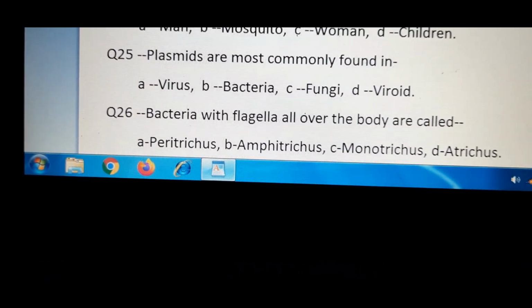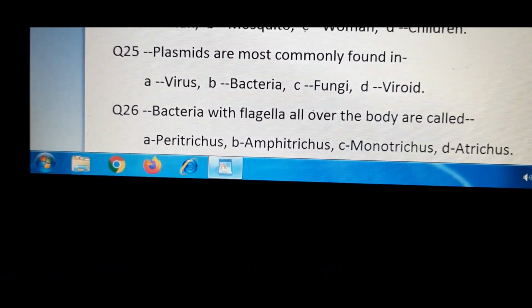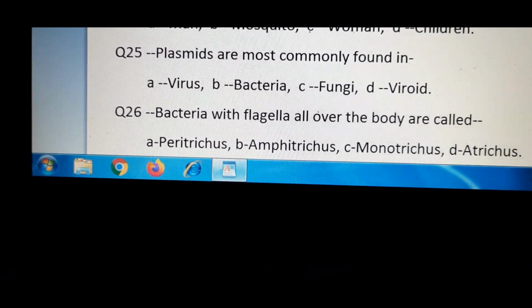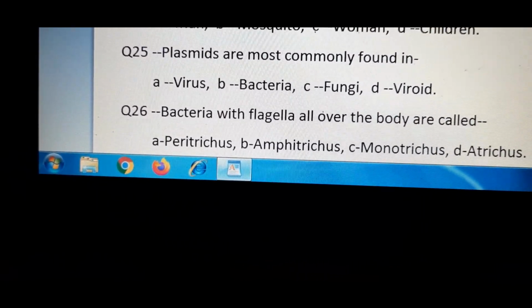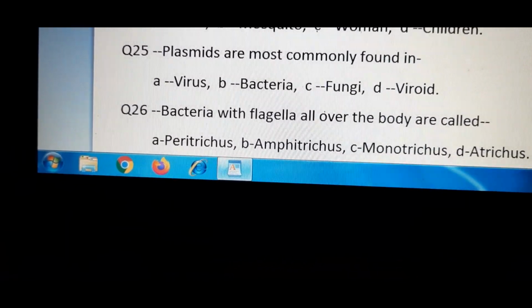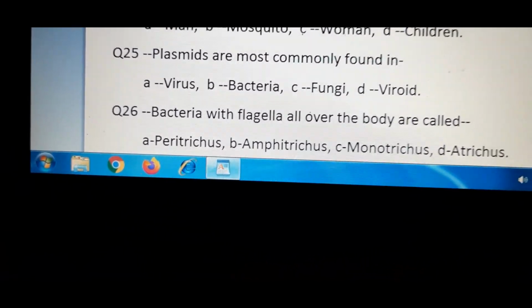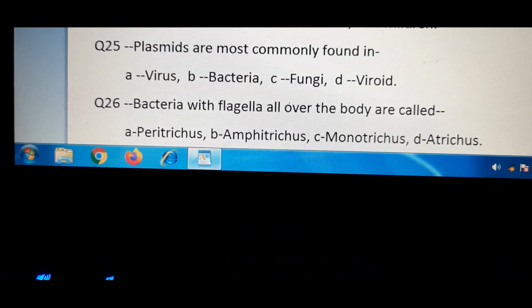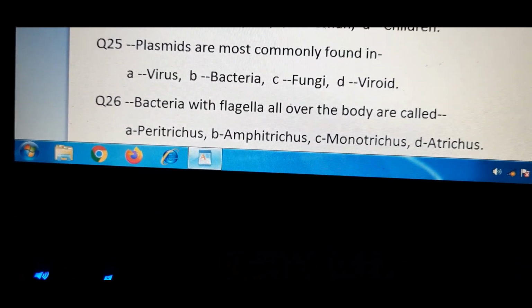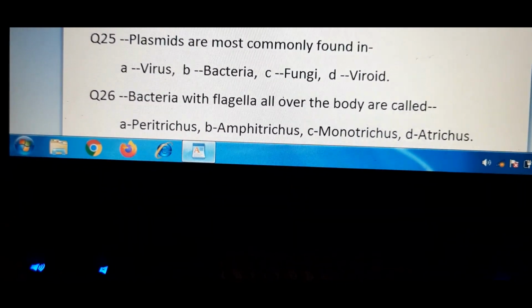They help the bacterium to destroy foreign antigens. That's why plasmids are comparable to WBCs of human beings. So they are present in bacteria. That is the answer, B is the answer. Plasmids are not present in other organisms here. It's only in B. Now question 26 reads, bacteria with flagella all over the body are called.